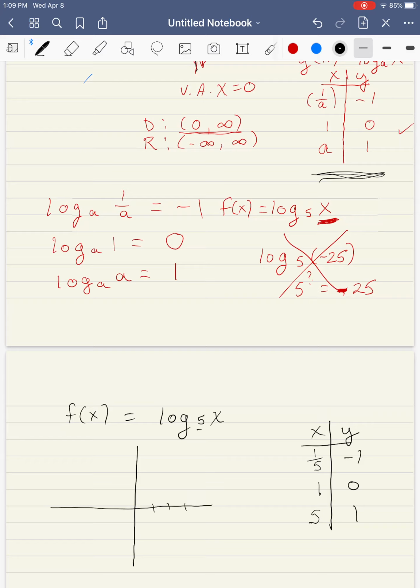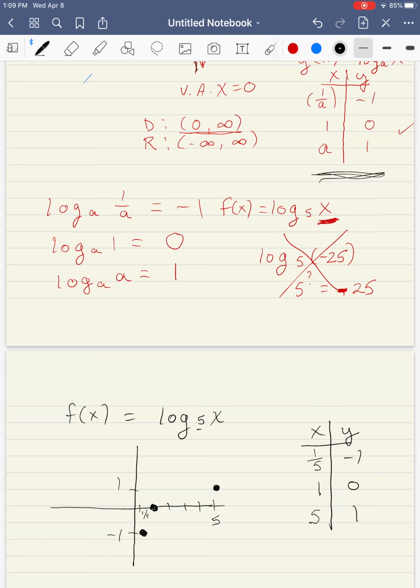So I plot those on my graph here. One-fifth is about here, -1. 1, 0. We'll always have the point 1, 0 on any basic logarithm, and 5, 1.